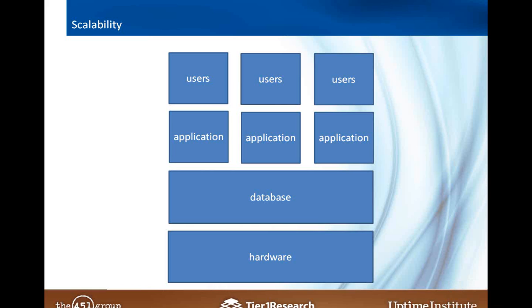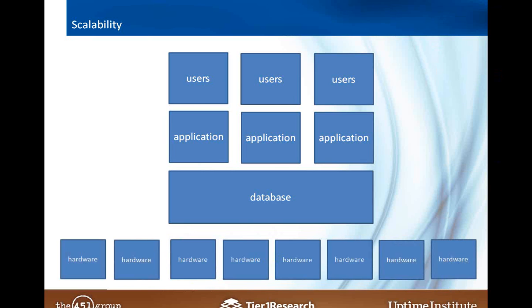Over the last 10-15 years, hardware economics have changed, and many more organizations are now making use of large clusters of commodity servers to get the same or even better performance for a lower cost.